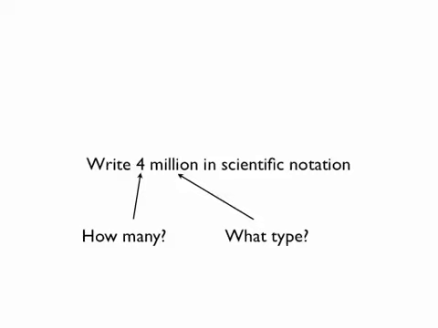To put this in scientific notation is pretty simple. Remember, scientific notation is something times 10 raised to the something. We're going to put the how many in front, and then the what type in the exponent. So it'll look similar to this: how many times 10 raised to the type. Here the how many is 4, so I'm going to put the 4 in the many spot.